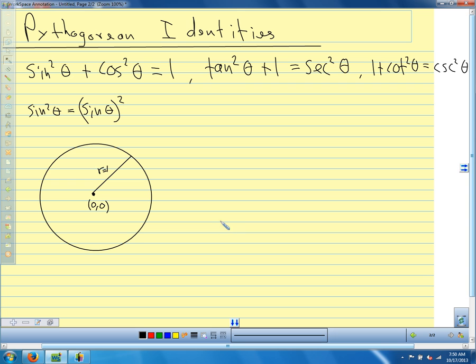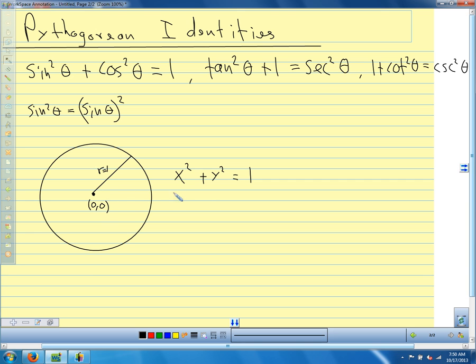Someone knows it. I'll get us started. X squared plus y squared equals 1. R squared. X squared plus y squared equals 1. That's the equation of that circle, centered at the origin.